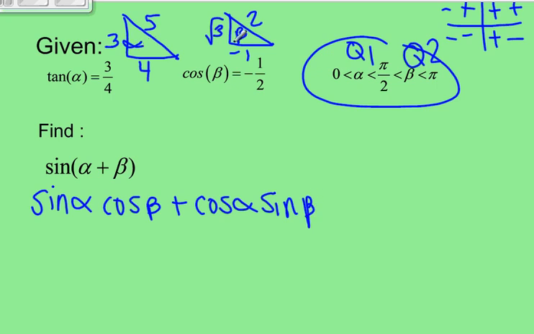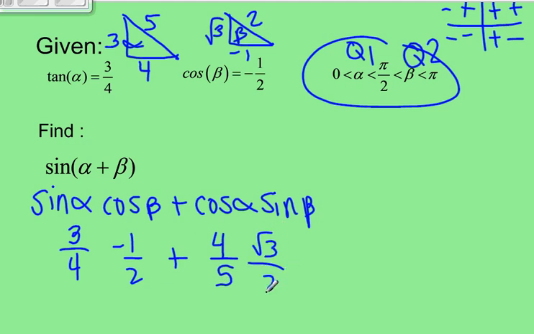So I'm going to take the alpha values. So sine of the alpha triangle is 3/4. Cosine of the beta triangle is negative 1/2. Cosine of the alpha is 4/5. And sine of the beta is square root of 3 over 2.